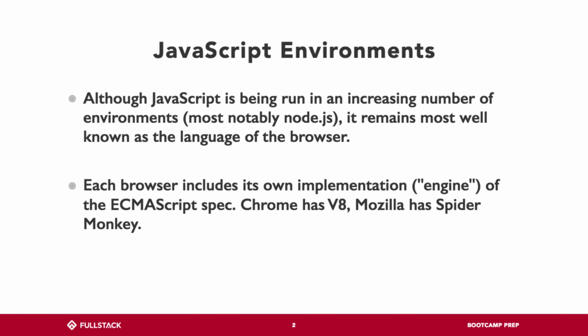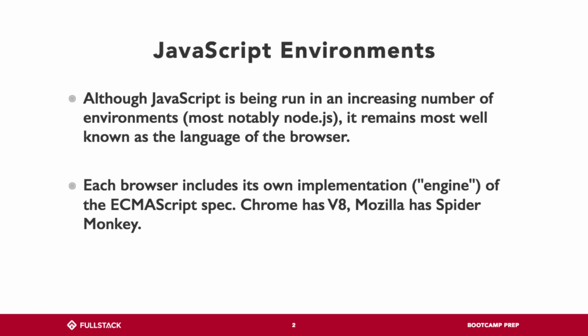ECMA publishes these standards that say this is what JavaScript should do, this is how your implementation of JavaScript should read it, and then it's up to Chrome or Safari or Firefox or any of these companies to say, okay, great, here are the rules, now let us create the engine through which we can actually execute and run JavaScript appropriately.